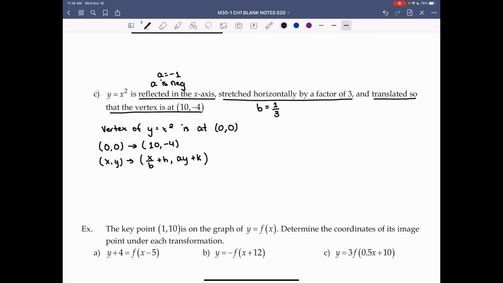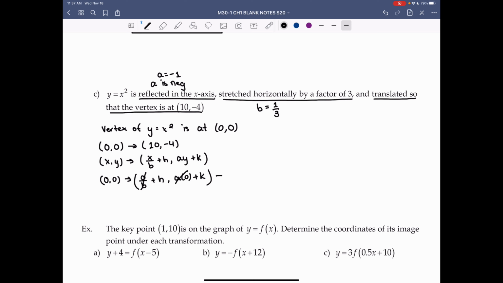In this case, we have 0, 0 would go to 0 divided by b plus h, and a times 0 plus k. Because our point is 0, 0, those values do not get affected by stretches or reflections. So they're going to stay 0 for that part.